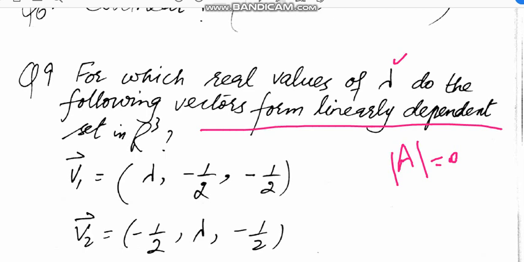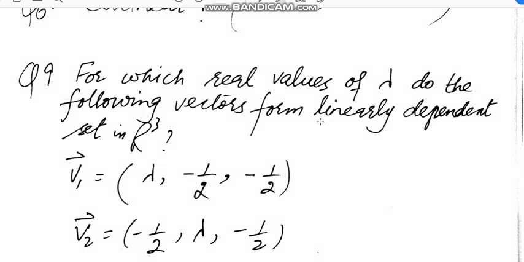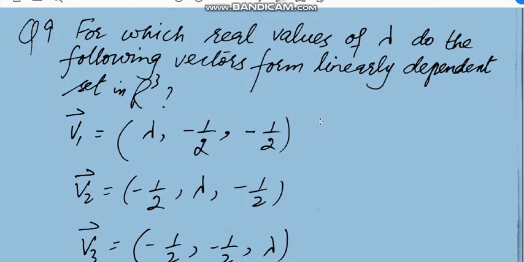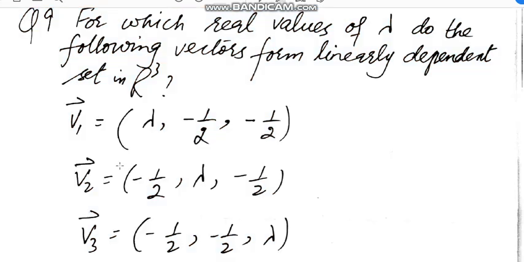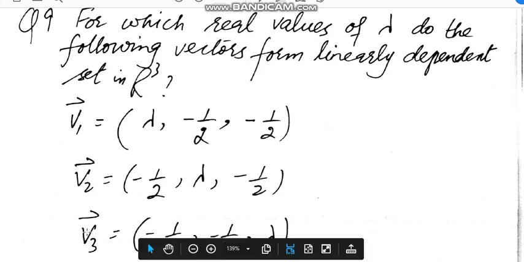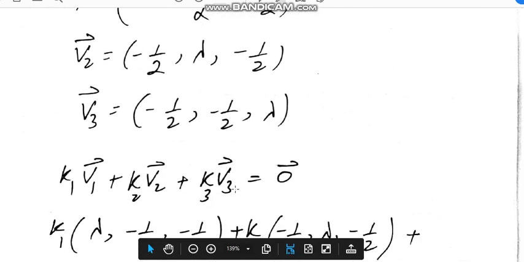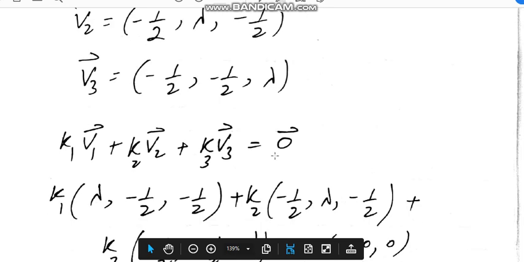Now we are given v1, v2 and v3. So we write k1 v1 plus k2 v2 plus k3 v3, that will be equal to the 0 vector. This is the equation for linear independence.